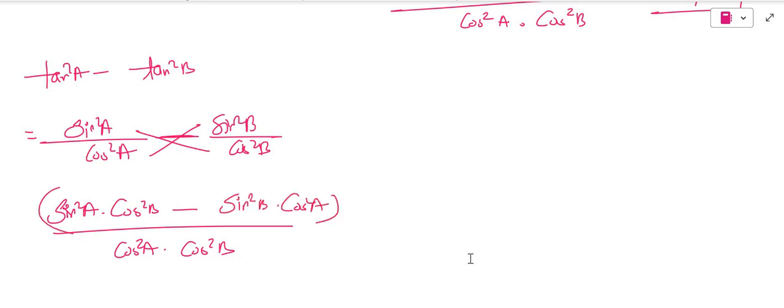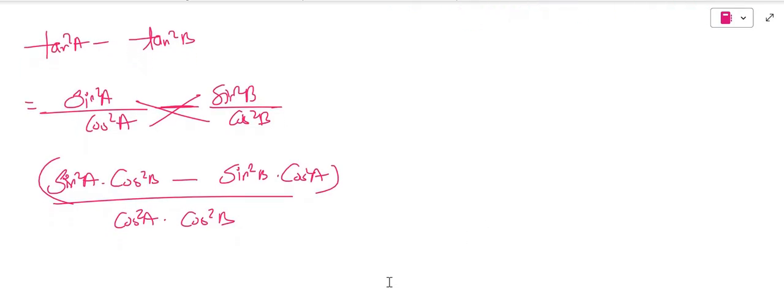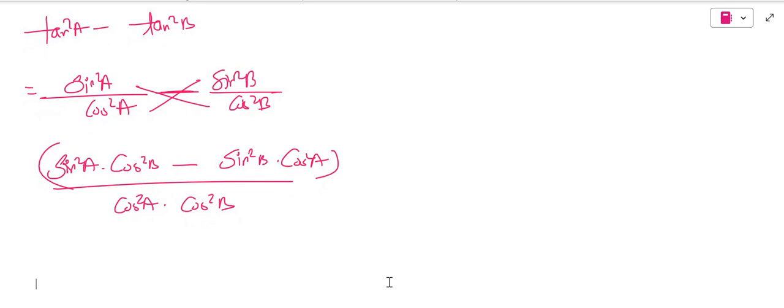Correct? Now what we have to prove is only in terms of cos. Correct? So I will remove this sin square and I will remove this. How to remove?